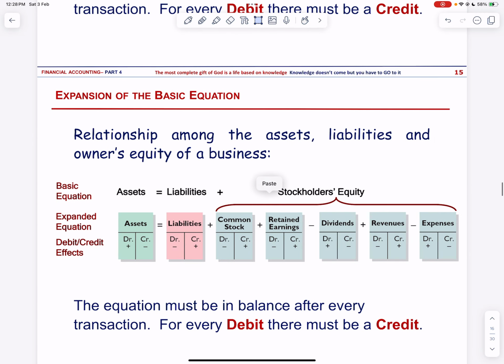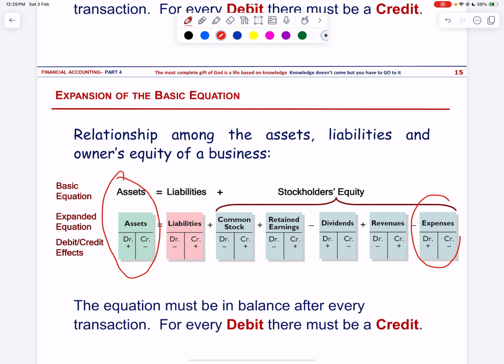Sorry for keeping you waiting, give me a few minutes. You can see that the rule for the assets, expenses and dividend are the same. That is, increase in asset is debit, decrease in asset is credit. Same is the case for dividend and expense.